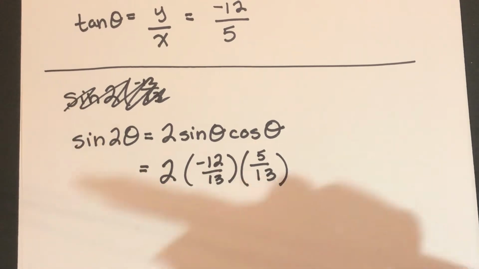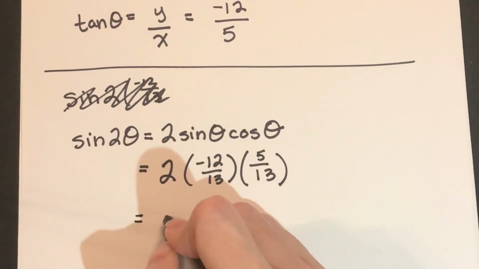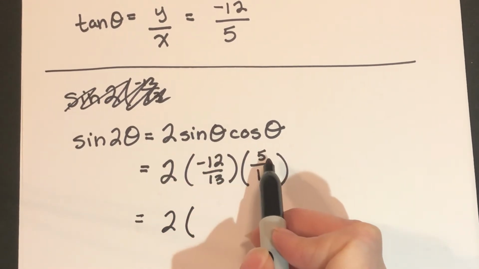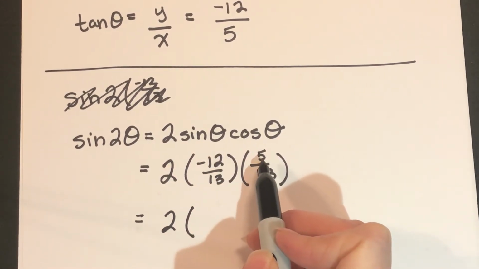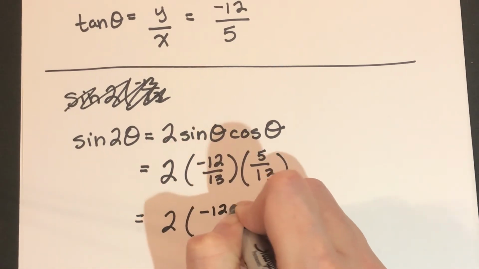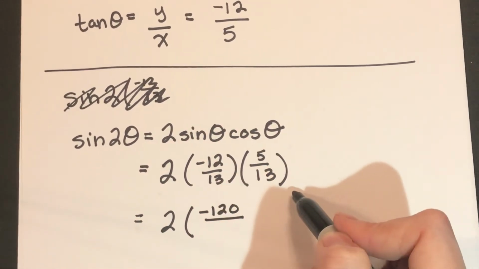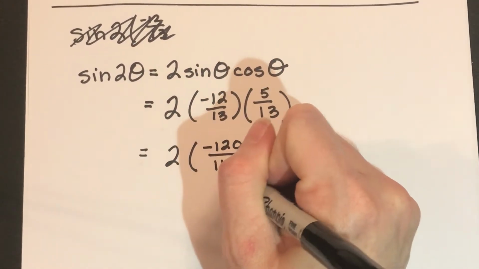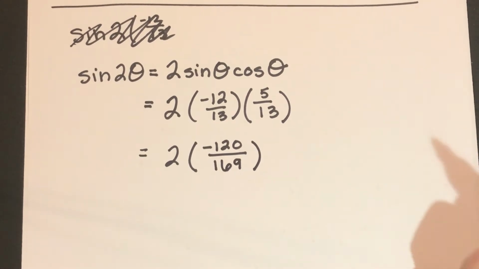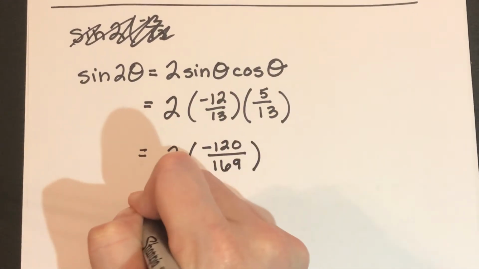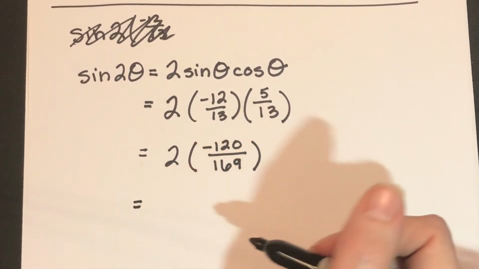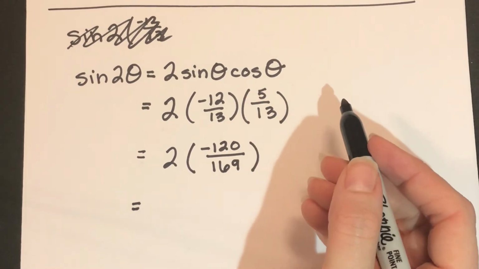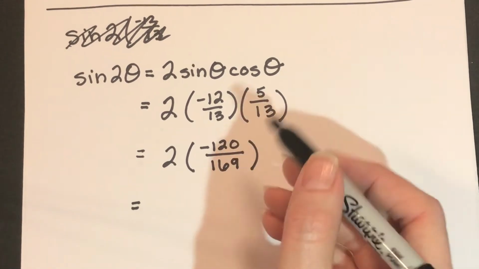And now we just work out our fractions. 2 times negative 12 times 5 is negative 120. 13 times 13, you should have all your squares memorized, that's 169. Oh, I'm sorry guys, I skipped ahead.